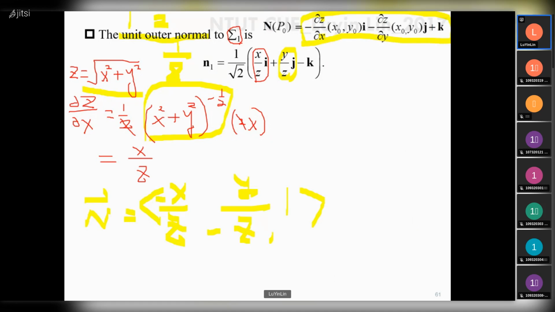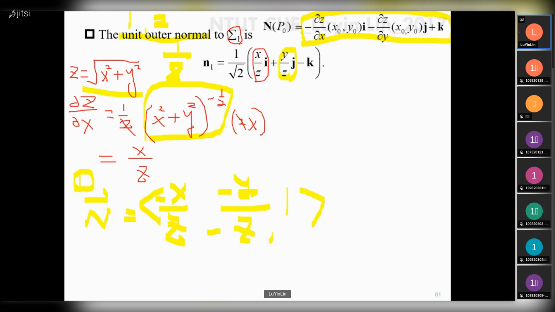If you are using this way, partial z partial x is x over z, and put the minus here. The same thing, you can have this one, and the coefficient for k is 1. So first you get this.